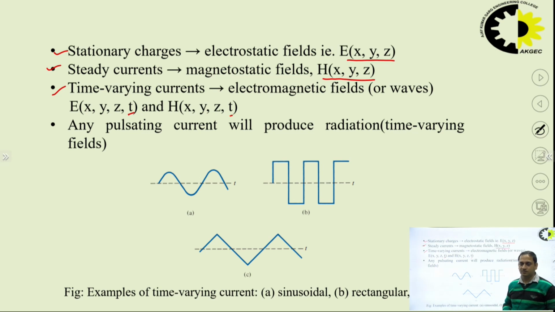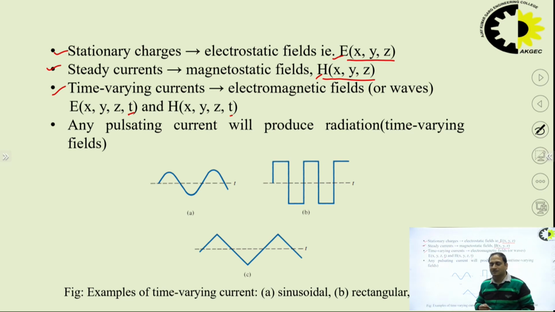Steady current means charges moving in a conductor with constant velocity, so there is no acceleration and it does not change with time. Then we have the third component, time varying, introduced into E and H, so that it is E(X, Y, Z, T) and H(X, Y, Z, T).